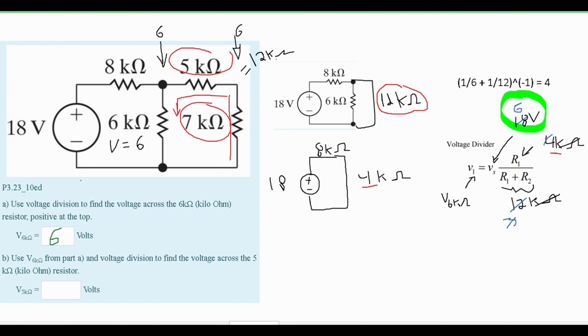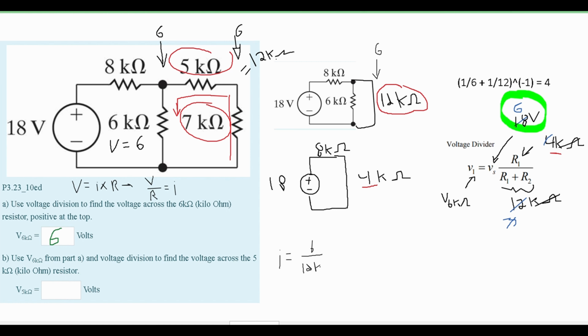We have the formula that our voltage is equal to our current times resistance. We can also rewrite this so that our voltage divided by our resistance is equal to our current. We know the voltage for our combined 12 kilo ohm resistor is 6 volts, so we're just going to have our I equal to 6 divided by 12 kilo ohms.